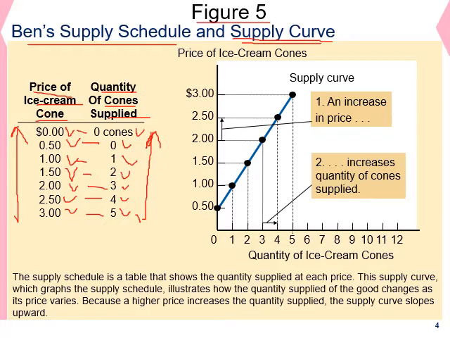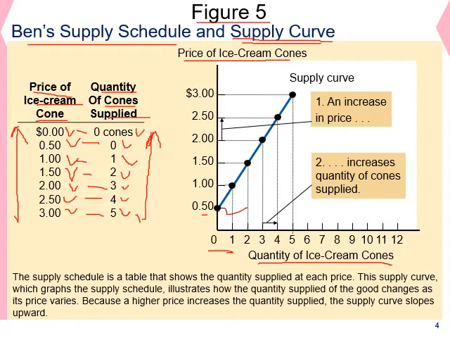To construct the graph, we are going to put the price of ice cream on the y-axis or vertical axis, and we are going to plot the quantity of ice cream cones on the horizontal axis or the x-axis. At the price of $0 or 50 cents, the quantity supplied is zero.